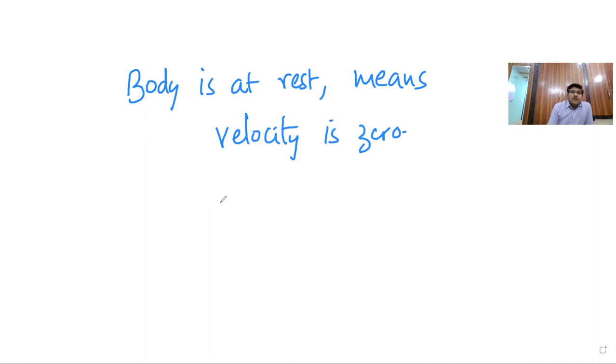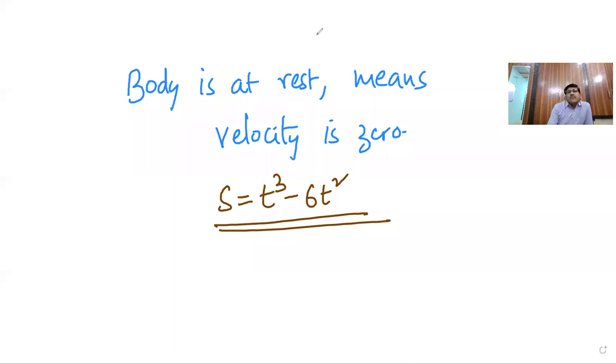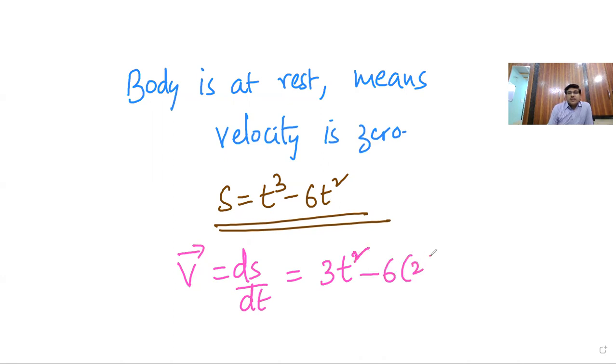Now observe. What is the relation given? s is equal to t cube minus 6t square. This is the relation provided to us. What is velocity? Velocity is simply defined as v is equal to ds by dt. Differentiate it. So 3t square minus 6 into 2t. So it becomes 3t square minus 12t.